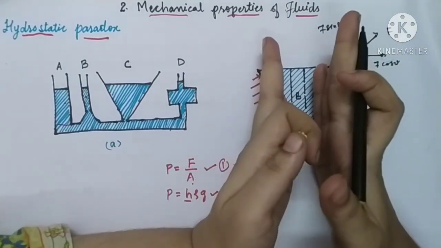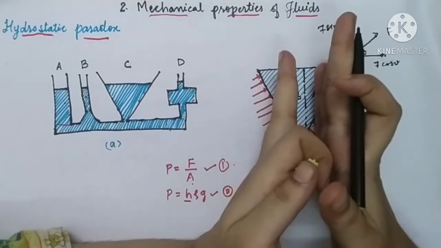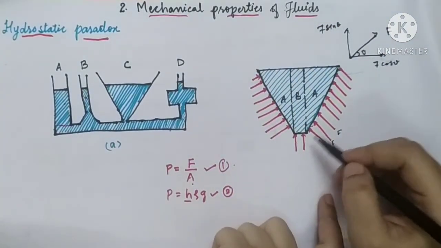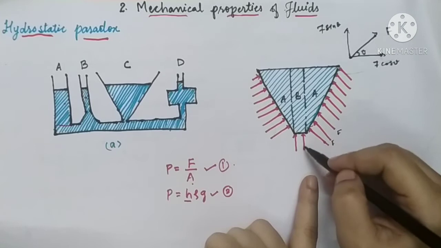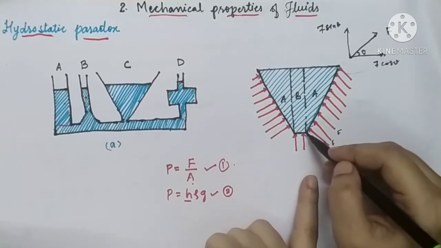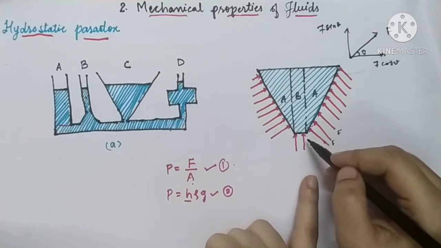Obviously the height of the liquid level increases when you compress it. And why does it happen? Because the pressure or the force at the base will be maximum at the base of the container, because it has the smallest area.